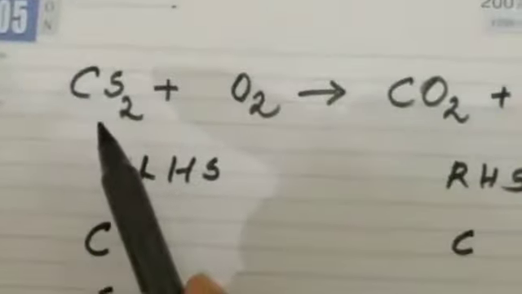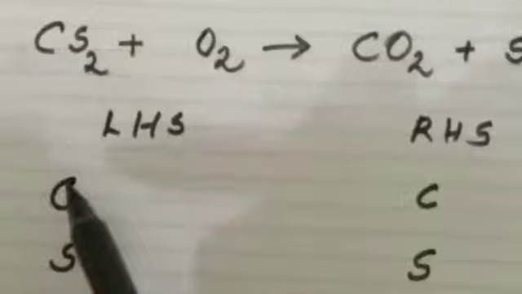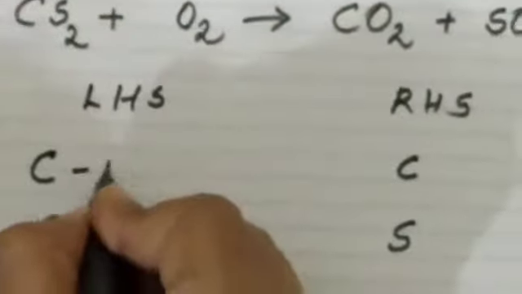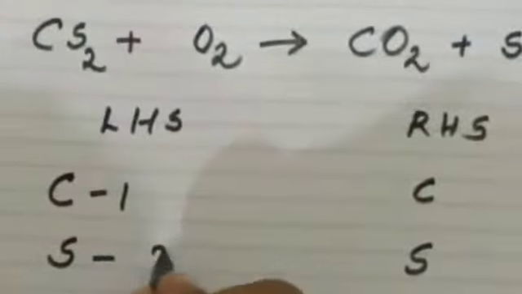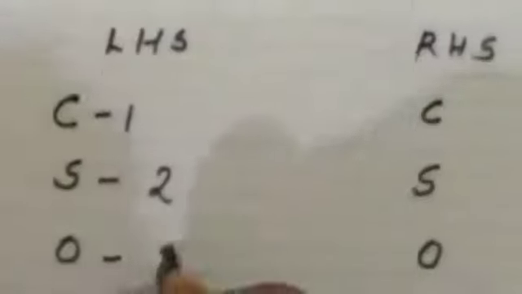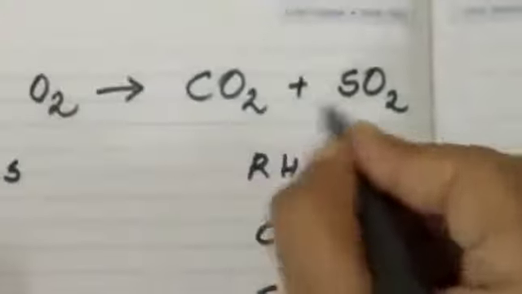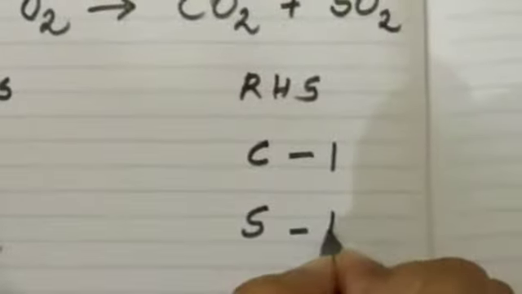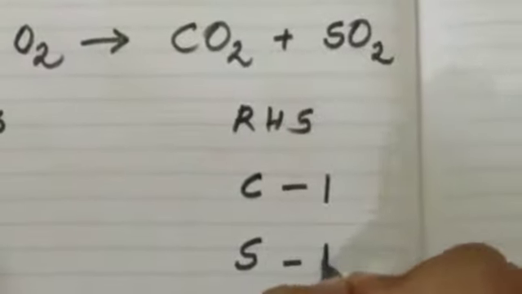Now, count the number of atoms present. Carbon, 1 atom. Sulfur, 2 atoms. Oxygen, 2. On this side, carbon 1, oxygen 2 plus 2, 4, sulfur only 1.